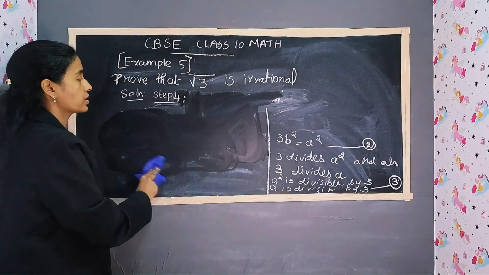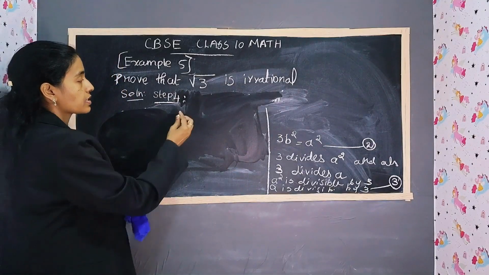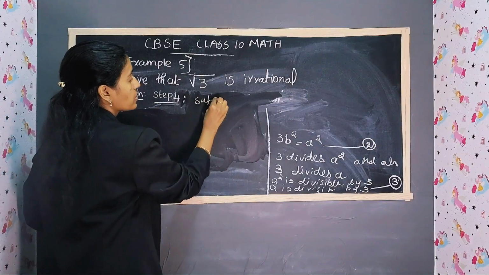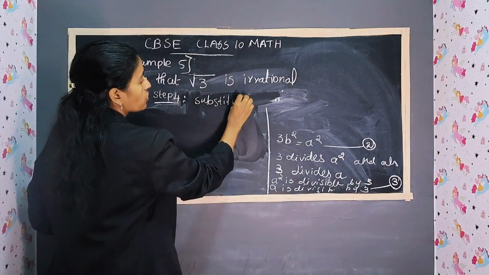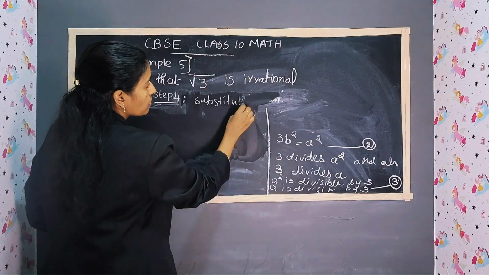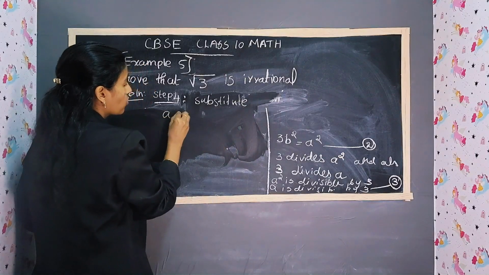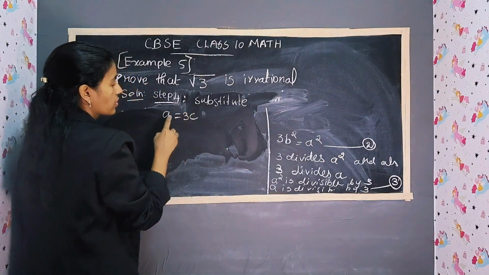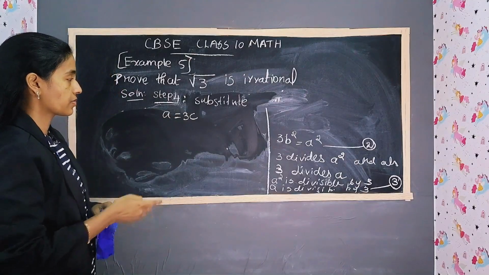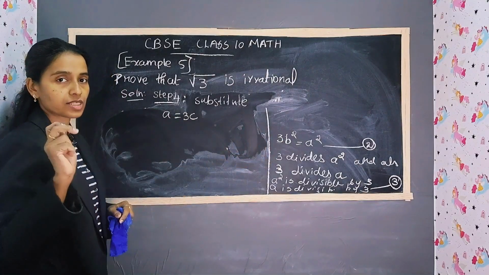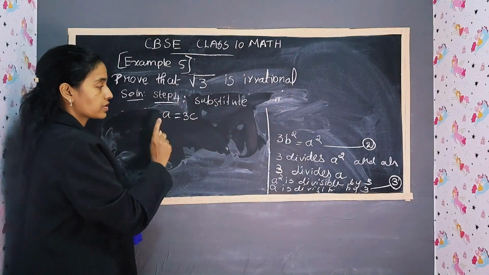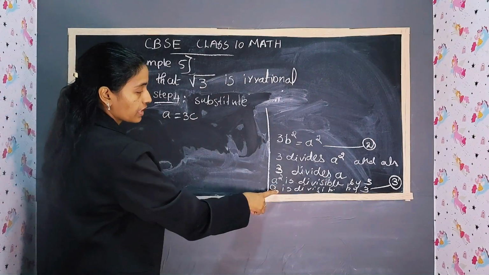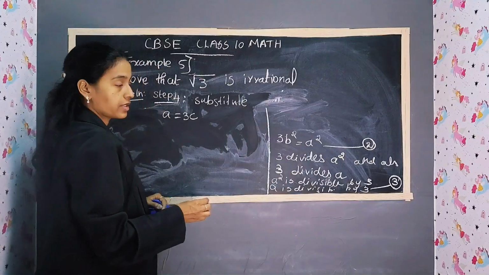Step number 4 is substitute A equal 3C. A equal 3C means here we have the prime factor 3, right? So, in this case, A is divisible by 3, right?